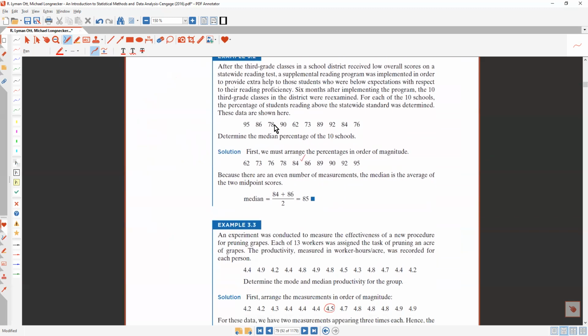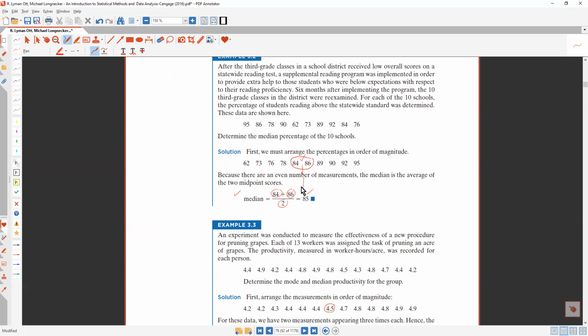So there's some data, the computation of the median. One note about the median here is the way the book is computing the median is that if the median occurs in the middle, then you just take the average of those two scores. 84 plus 86 over 2 is 85. So why 85? Because 1, 2, 3, 4, 5, 1, 2, 3, 4, 5.